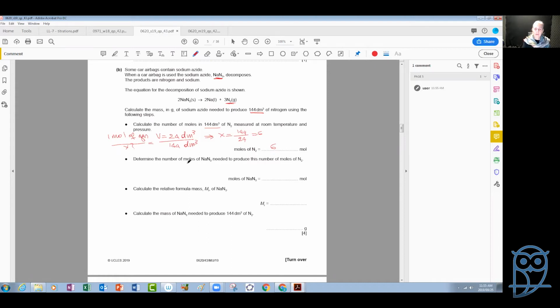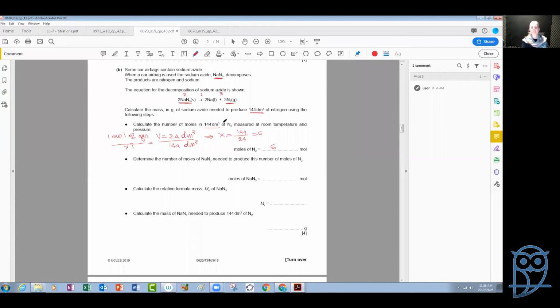Determine the number of moles of sodium azide needed to produce this number of moles. Now that we know the number of moles of nitrogen, we need to find the number of moles of sodium azide. Note that the ratio is 2 to 3, so we need to be careful here.